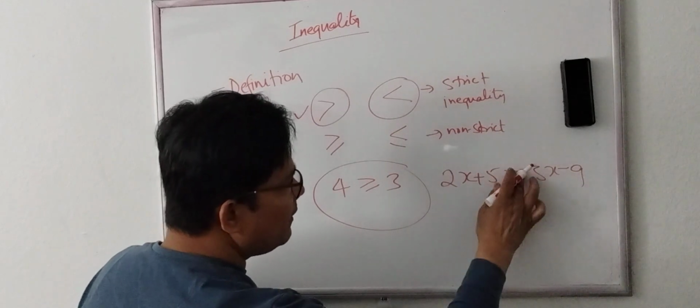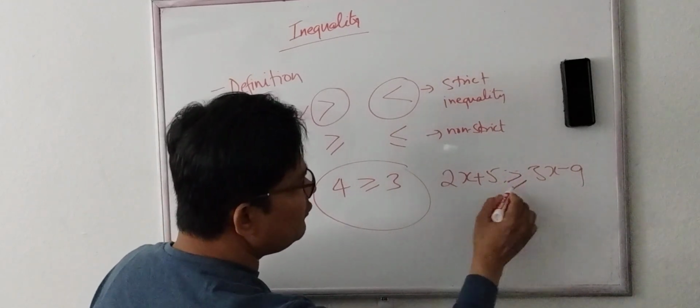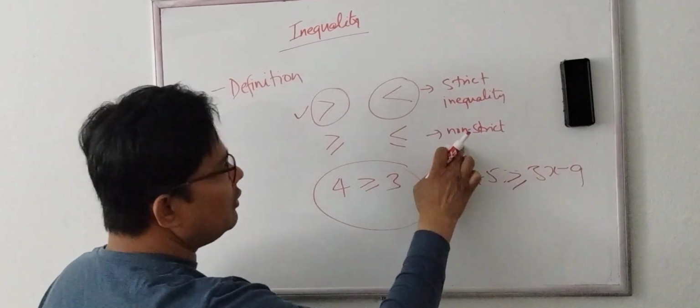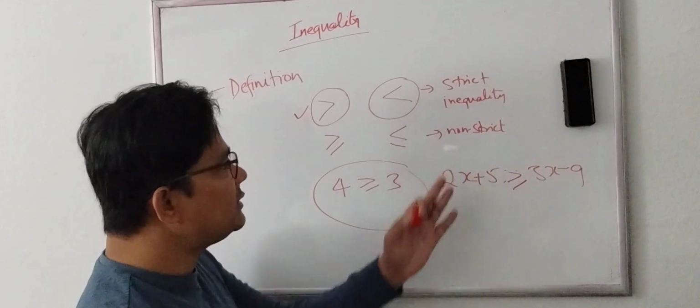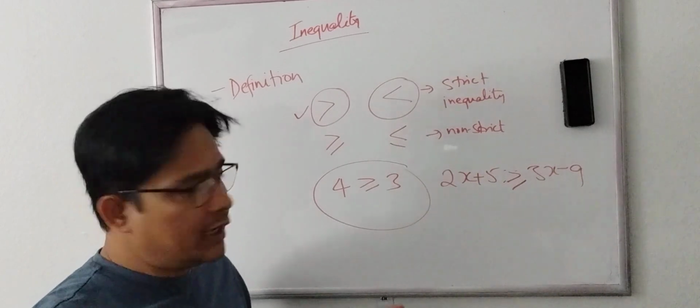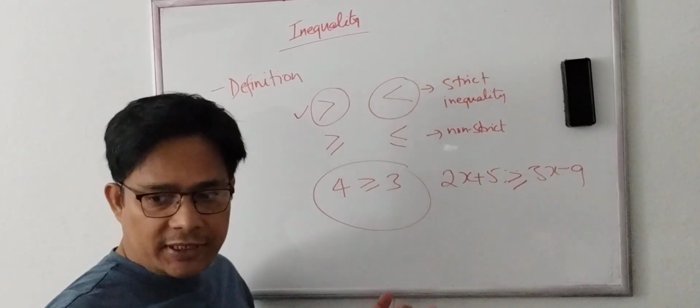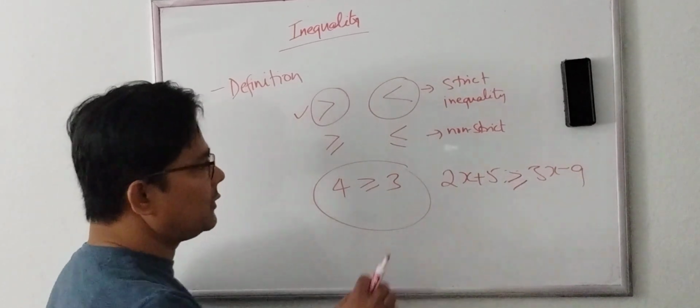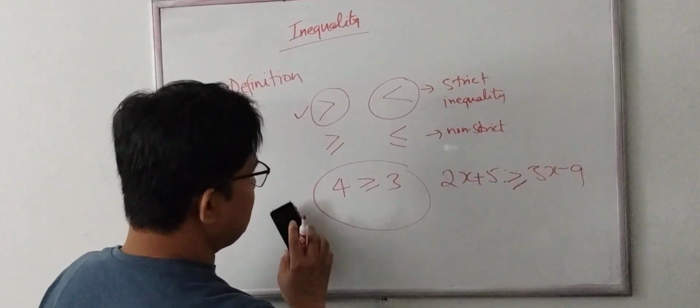And if I say greater than or equal to, then it means non-strict. Non-strict means it can be greater than, and it can also be equal to. It can be less than, and it can also be equal to. That's why it's called non-strict.